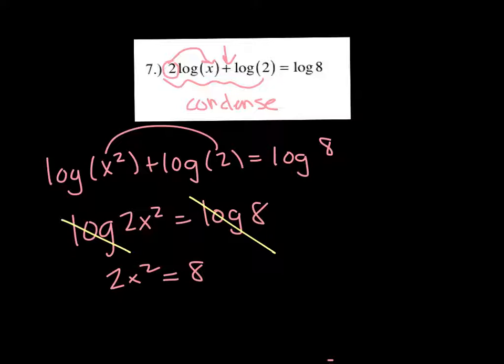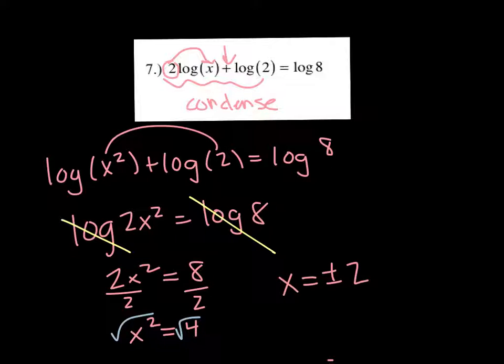You can bring it over, guys, but because there's no b term, there's no x, we can really just solve this by using our square root. So x will equal positive or negative 2. But we can't have negative values. So x really just equals 2 here.